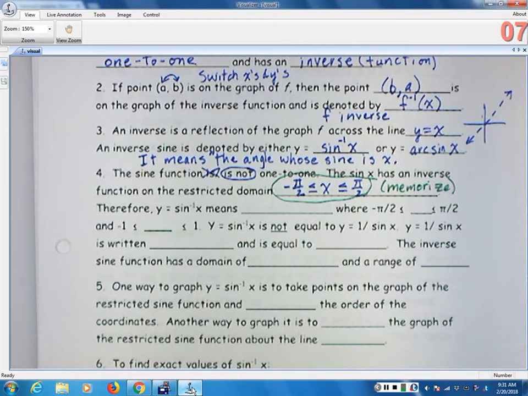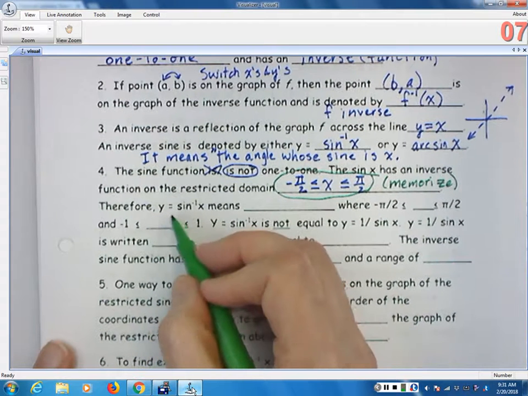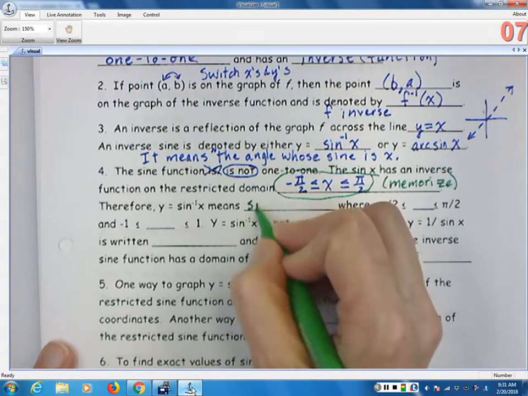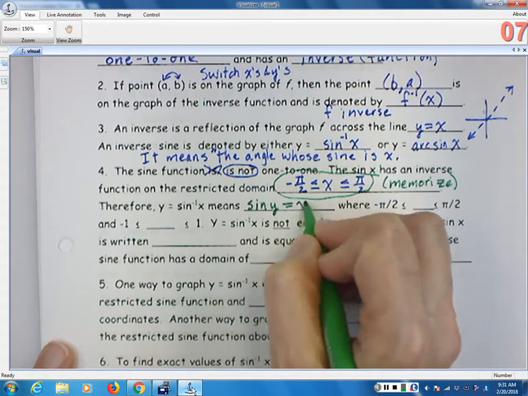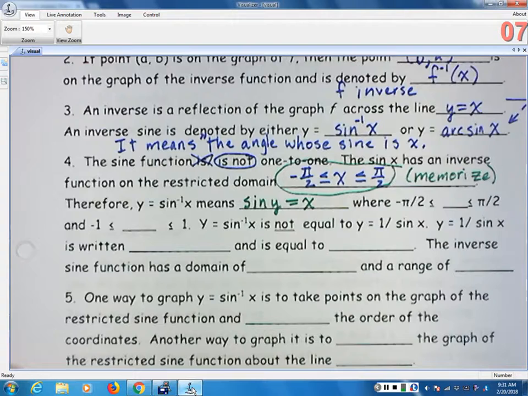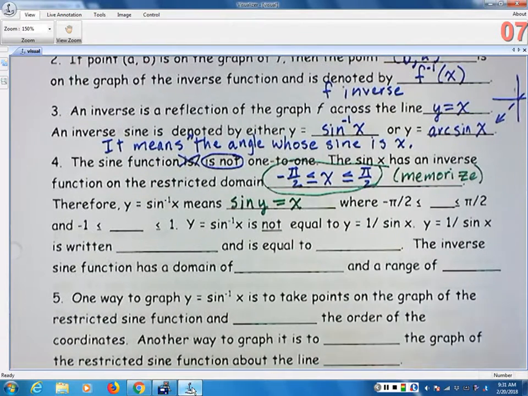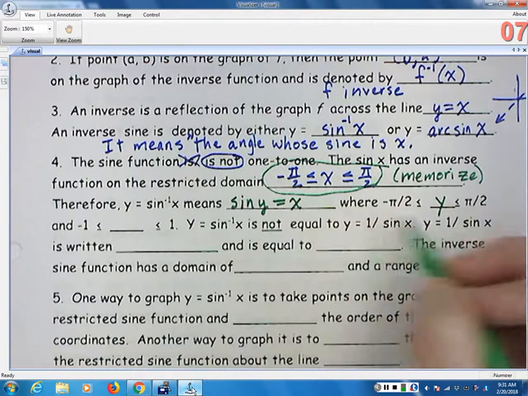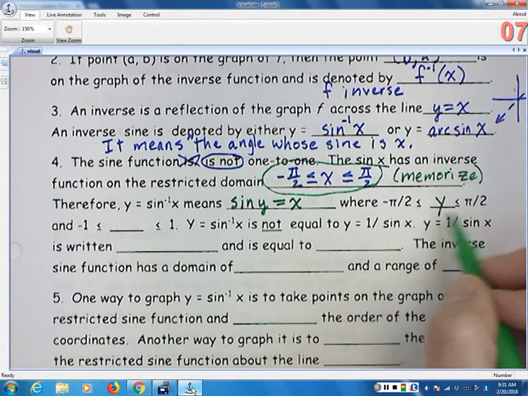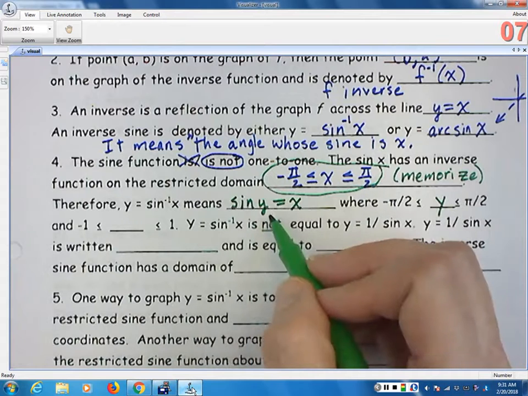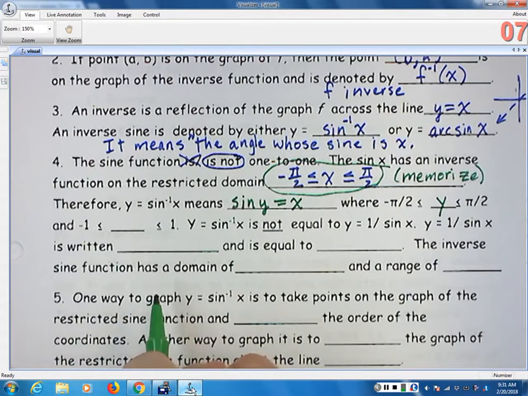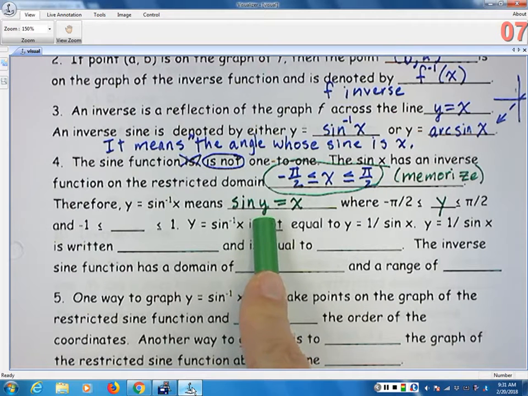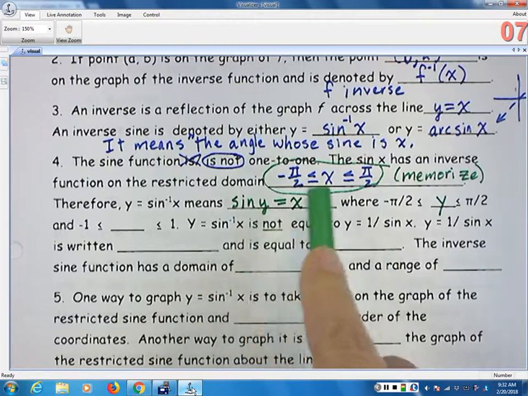So therefore, y equals inverse sine of x means sine y equals x, where y, the angle, is between minus pi over 2 and pi over 2. So y is an angle, x is a number. Got to get those straight. We take sines of angles and we get numbers.